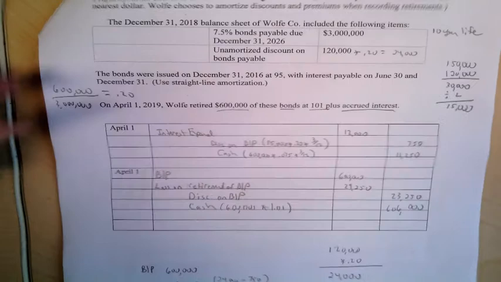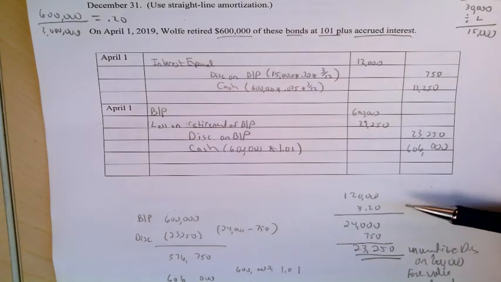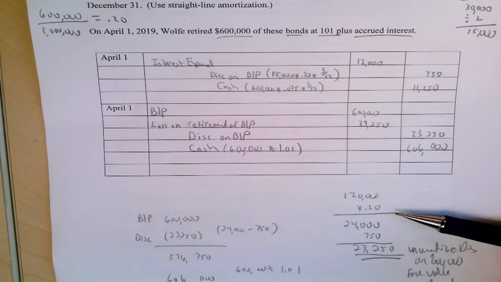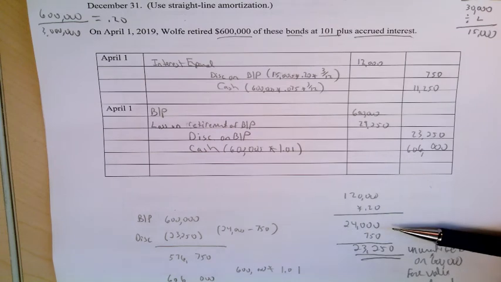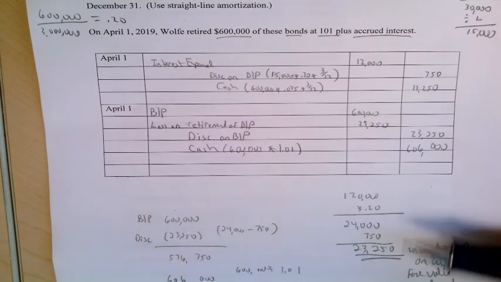So I did that work again. Started with December 31st. We had a $120,000 unamortized discount for all $3 million worth of bonds. I needed it for the bonds being retired, which is 20% of the issue. So the unamortized discount at December 31st, 2018 for the $600,000 face value bonds was $24,000. I just amortized another $750.